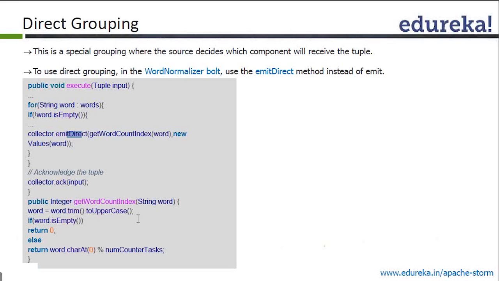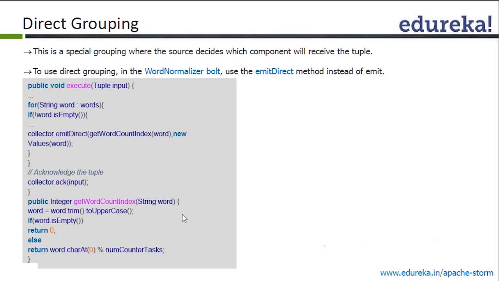It gets the word and converts it into uppercase. If the word is empty, it returns 0. Otherwise, it returns the modulo of word.charAt(0) by numCounterTasks. Now, what is numCounterTasks?